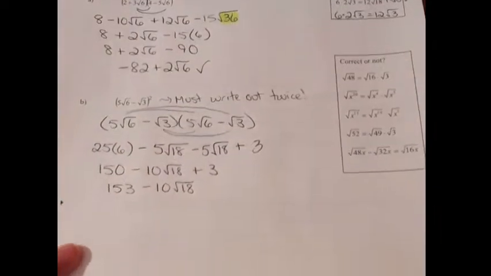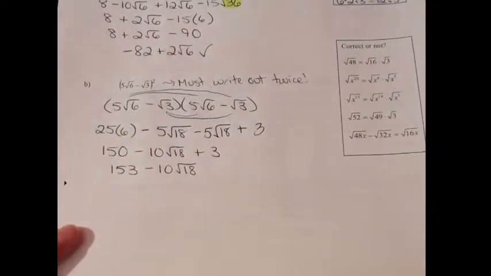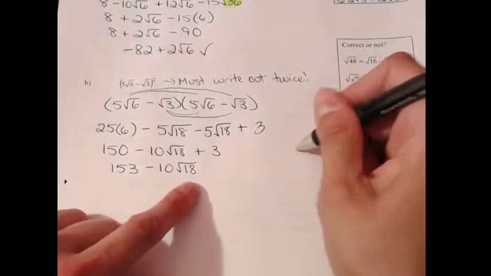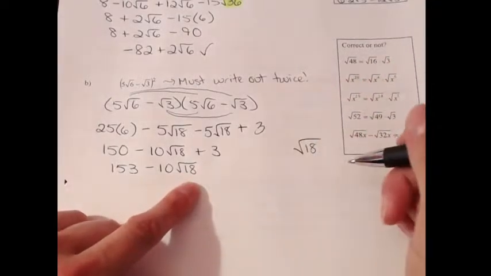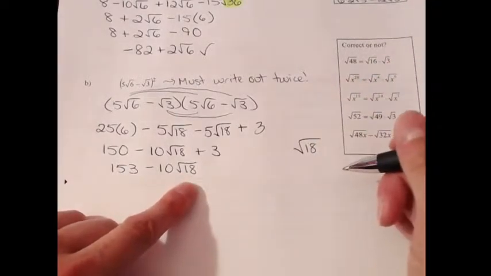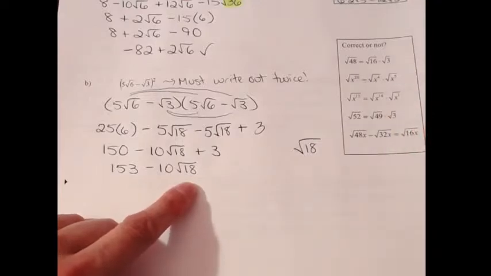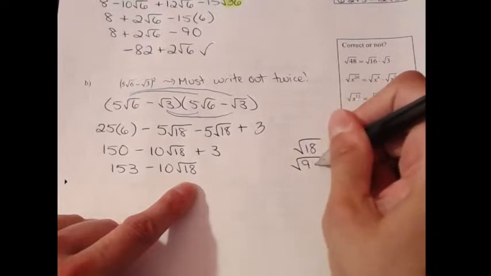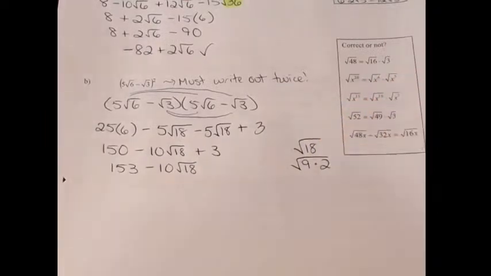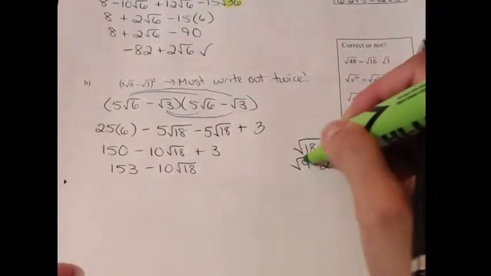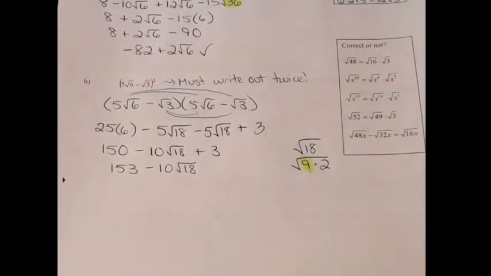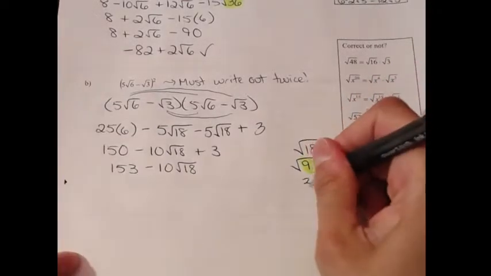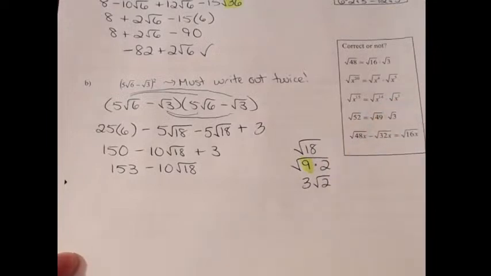But I am totally not done. The square root of 18, I can simplify this. I need to look for perfect square factors anytime I have radicals. So I recognize that 9 times 2 gives me 18, where 9 is my perfect square. So this becomes 3 square roots of 2.